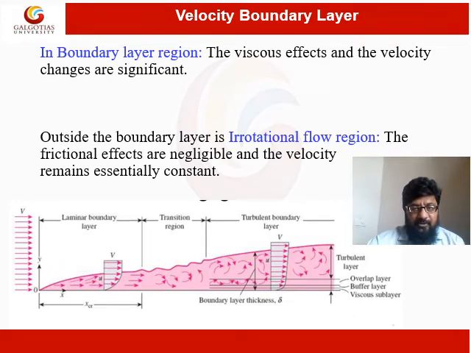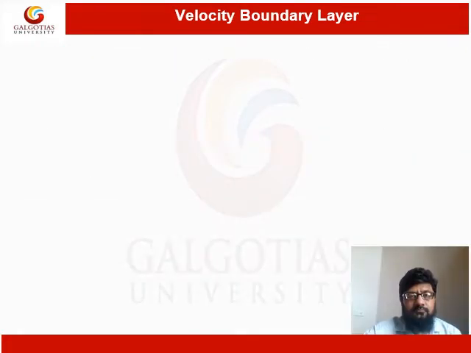The boundary layer can also grow to transition to turbulent. Maybe it is laminar initially, then it passes through a transition region, and finally it becomes a fully developed turbulent flow inside the boundary layer. This depends upon various parameters like Reynolds number and surface thickness, etc.